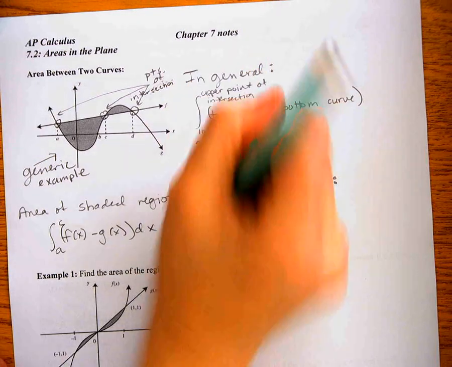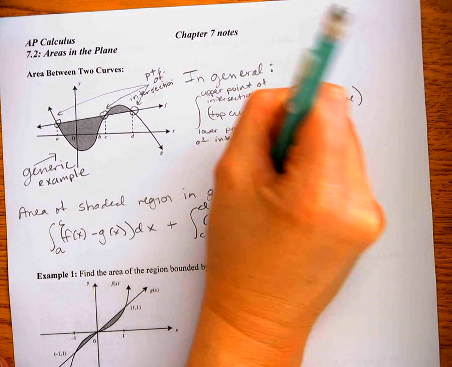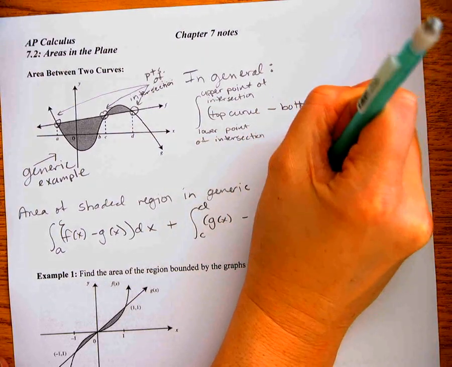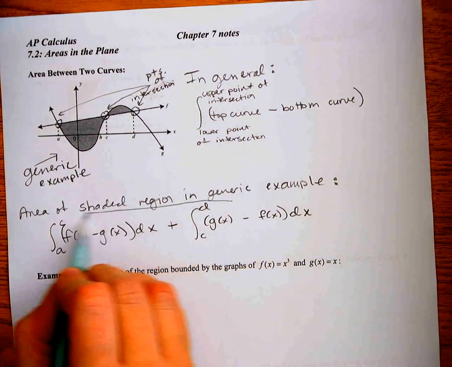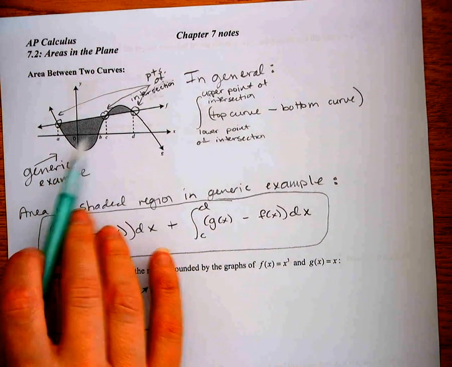And then we would add on the integral from C to D of g minus f. And that's how we would find the area of that shaded region.